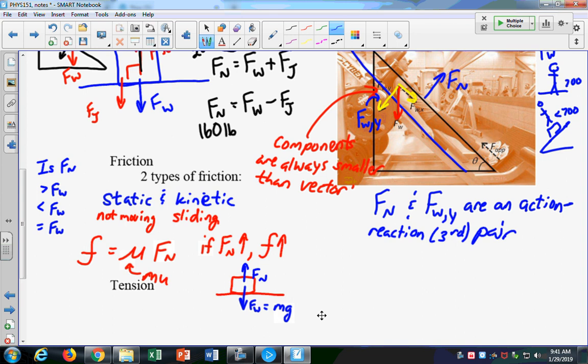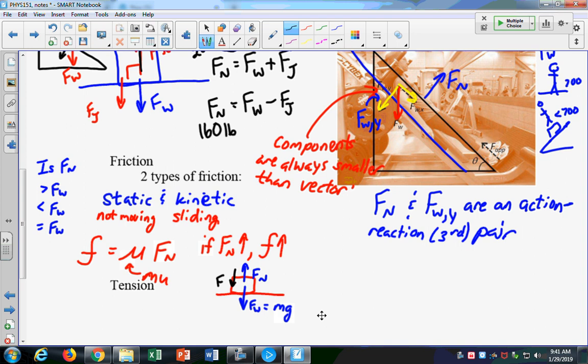But notice what happens if I apply an additional force here. Then what will happen to the normal force? Will it decrease, increase, or stay the same? Push down just a little bit. All right, now push down really hard.